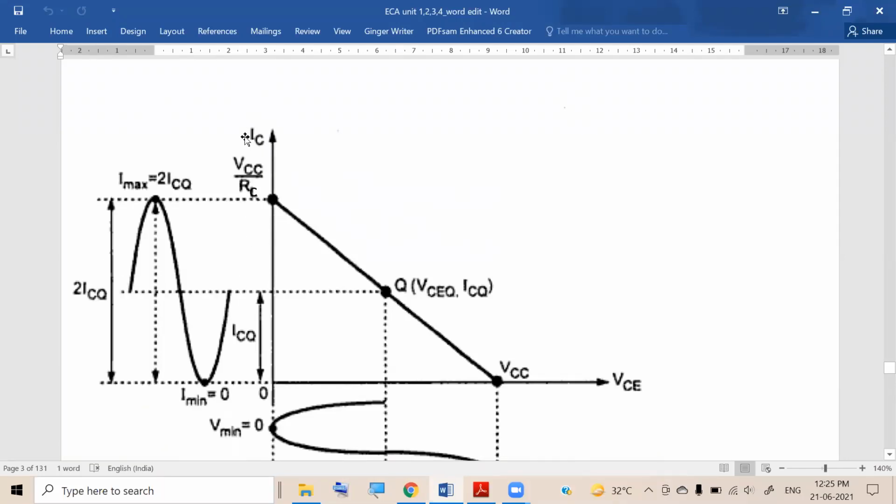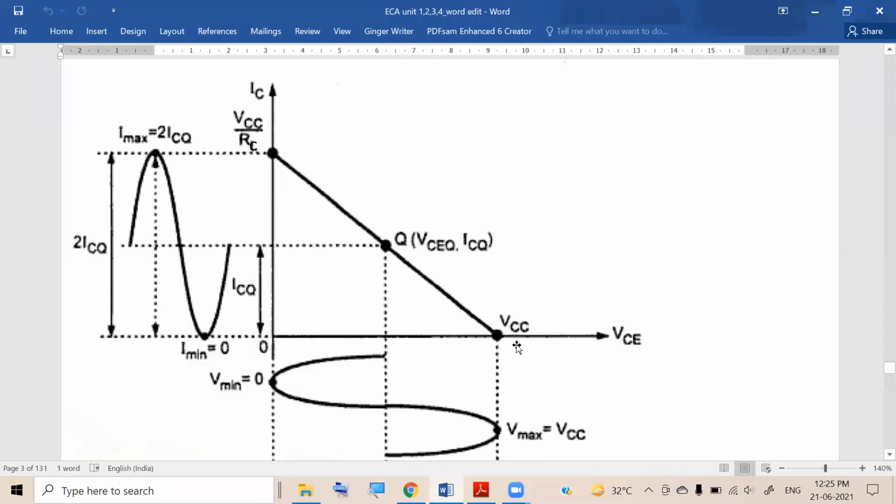IC axis is y-axis, isn't it? The point where this intersects the x-axis was VCC, so the midpoint is VCC by 2. The total distance is VCC, so V max is VCC.